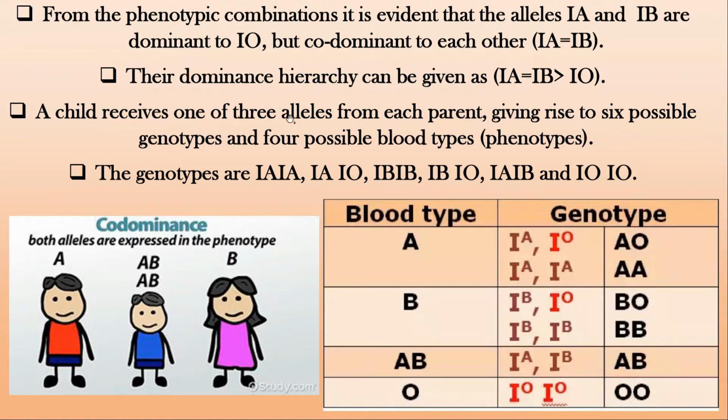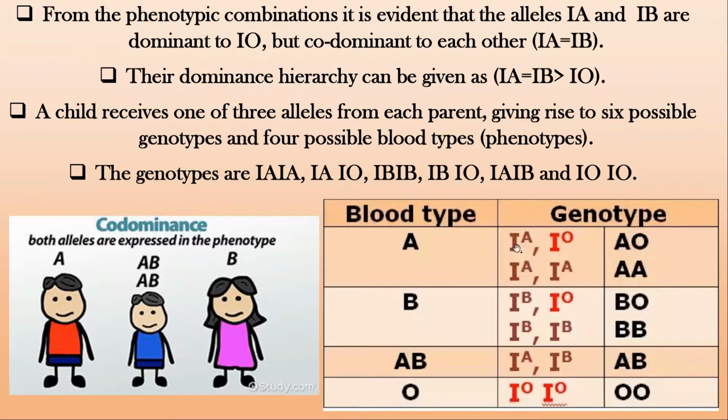A child receives one of these alleles from each parent, giving rise to 6 possible genotypes and 4 possible blood types, which is called phenotype: 6 genotypes and 4 phenotypes. The genotypes are IA-IA, IA-IO, IB-IB, IB-IO, IA-IB and IO-IO. Are you able to understand this?